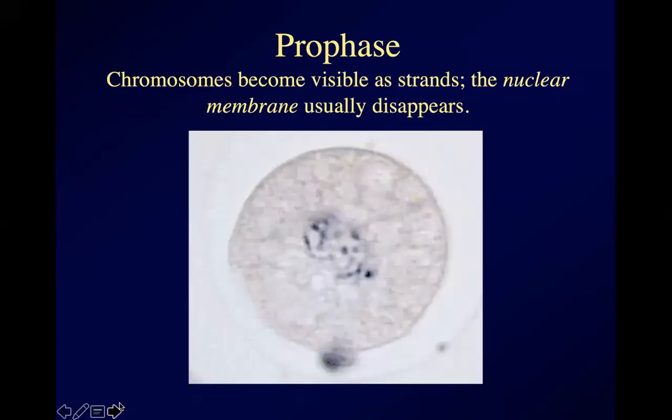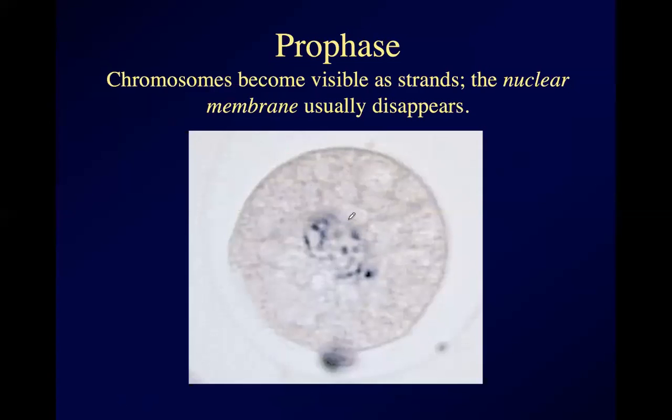When the cell begins dividing, for right now, we don't need to worry about what the switch is that triggers it to start dividing. We'll have to get to that after we plow through some more material. But let's just say that the switch gets flipped. In the first stage of mitosis, the chromosomes start becoming visible. The nuclear membrane, which is what keeps the nucleus in and the rest of the cell out, disappears, and you start getting to where you can see the chromosomes.